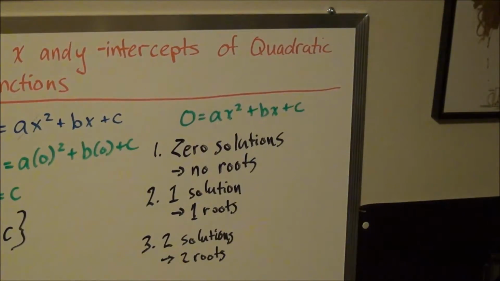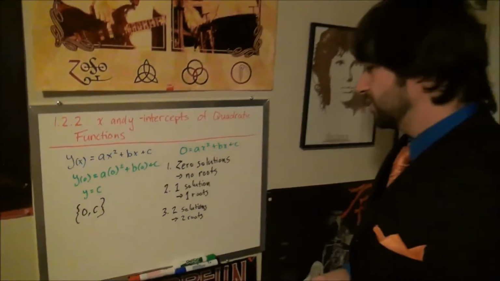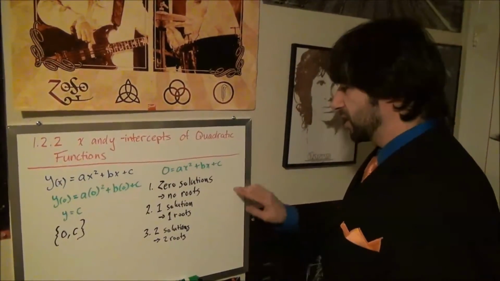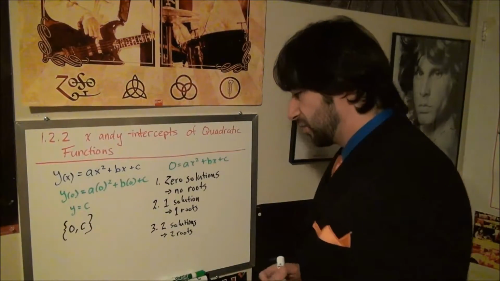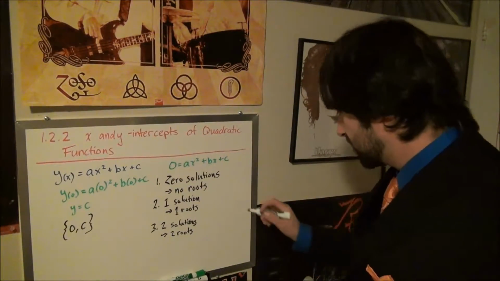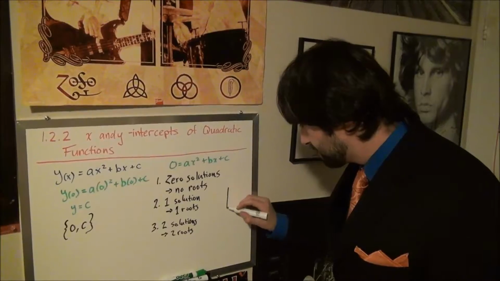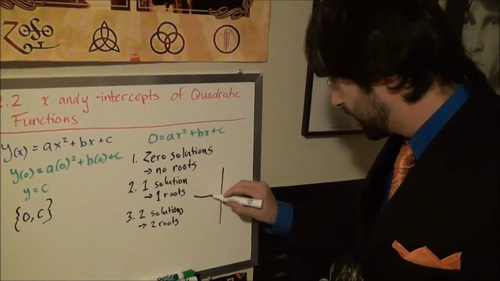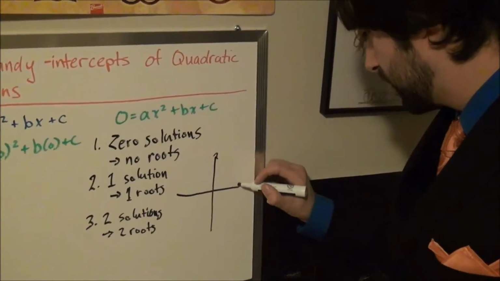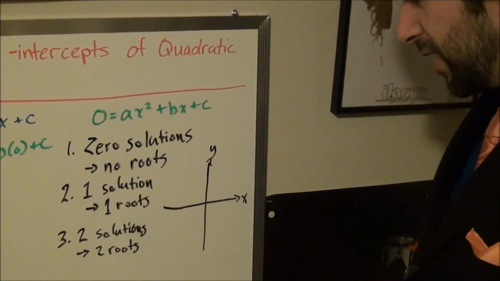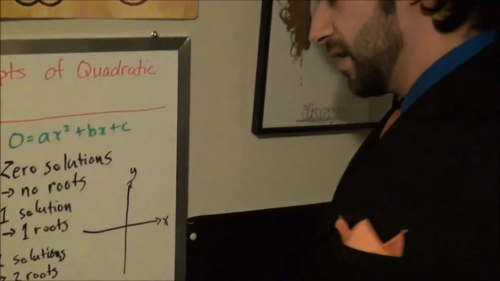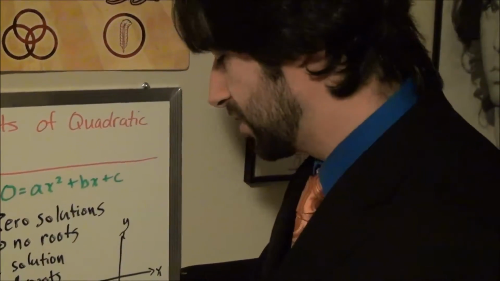The reason why you get these classes of solutions is because of the parabolic shape that will be defined by this quadratic equation. You may remember that we discussed that a little bit earlier on. So, I'm going to draw some axes here, where this is x, and this is y. And we can imagine a few different types of parabolas that may exist on this chart.